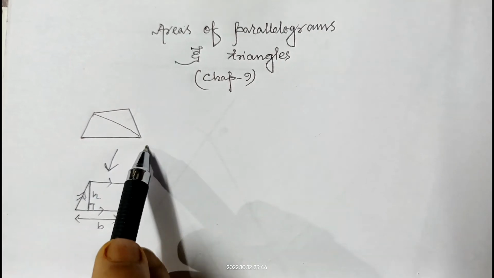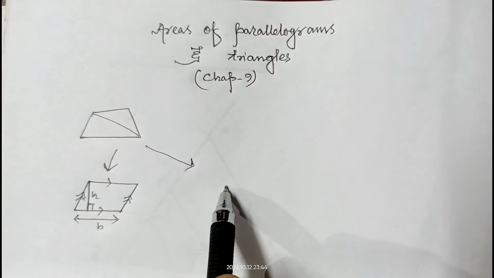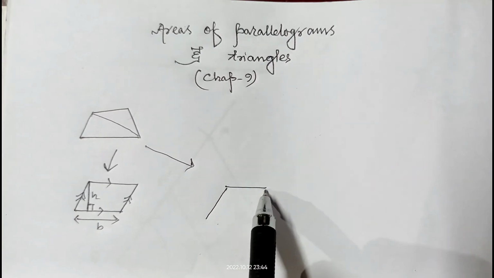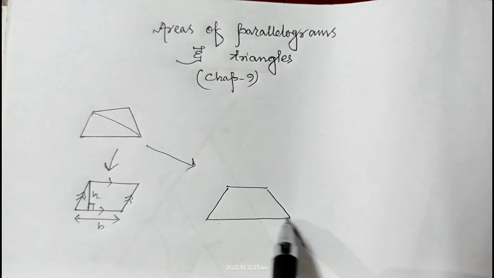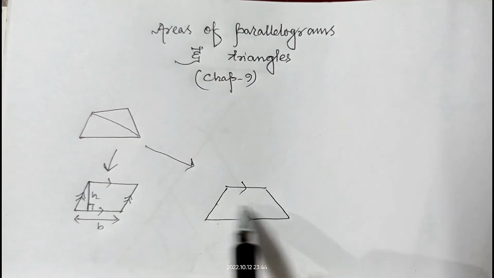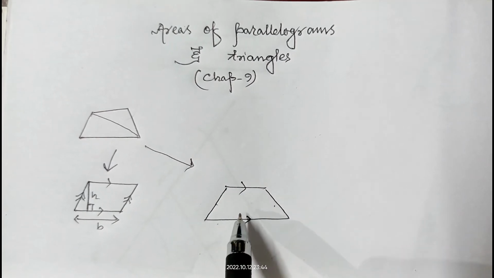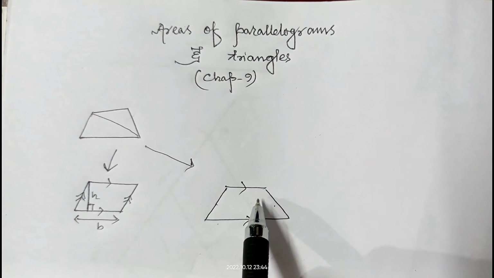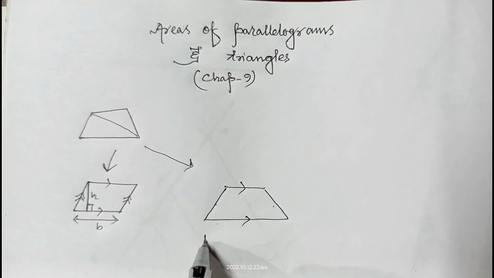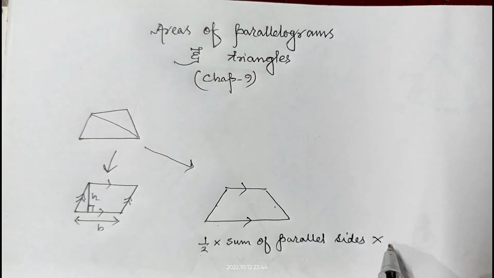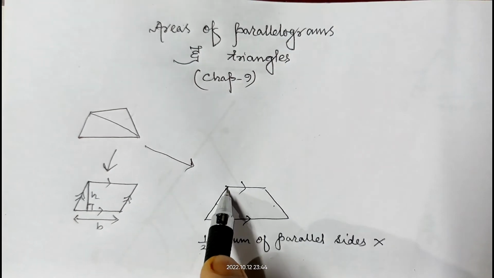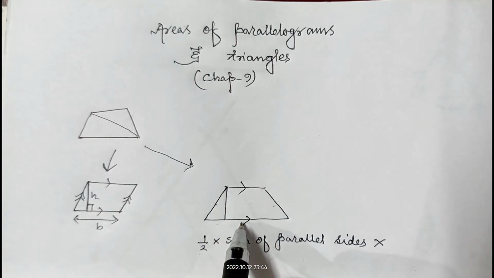Again, a quadrilateral can be a trapezium where one of the opposite pairs is parallel. So here in this figure, these two sides are parallel and these two sides are not parallel. Now to find the area of a trapezium, the formula is half into sum of the parallel sides into height, where height is the perpendicular distance between the parallel lines.